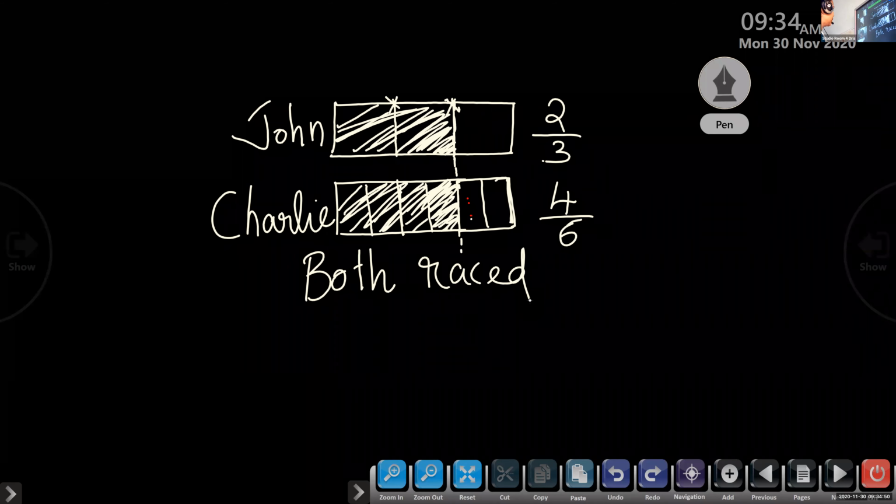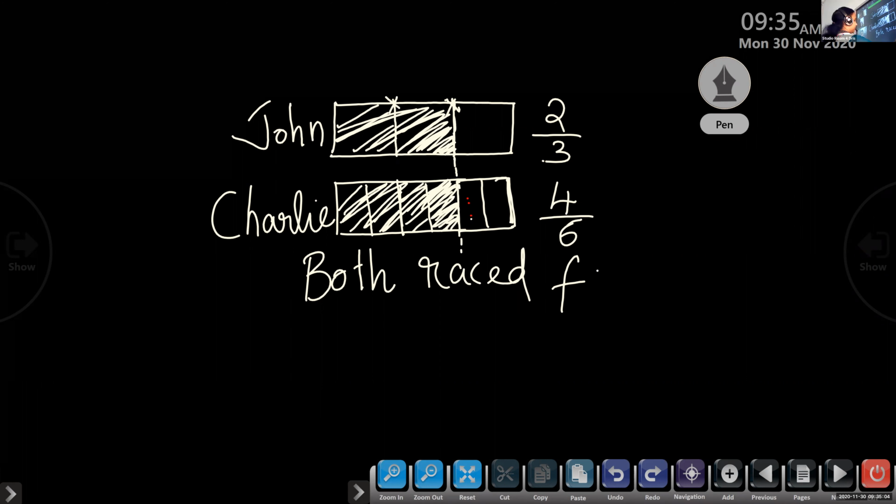Last sentence you can check. Did both of them raise equal amount of time? So here both raised for an equal amount of time.